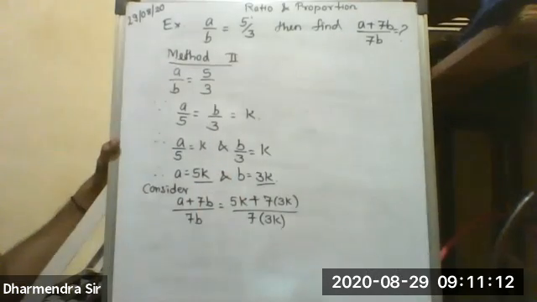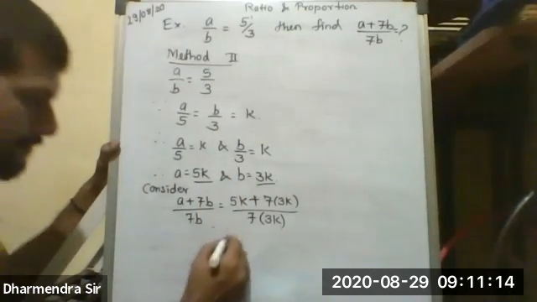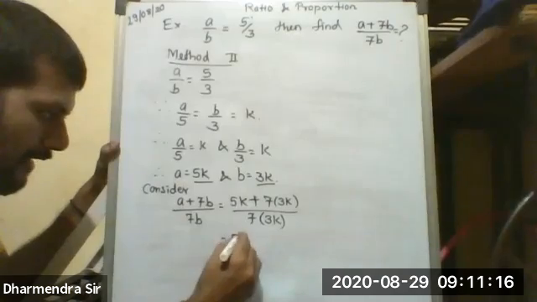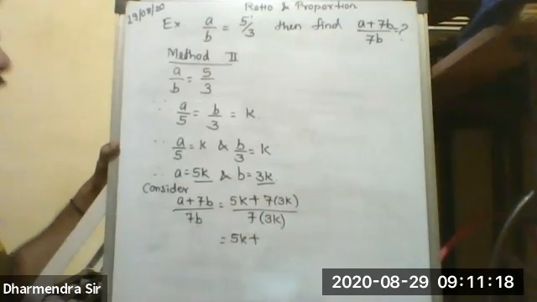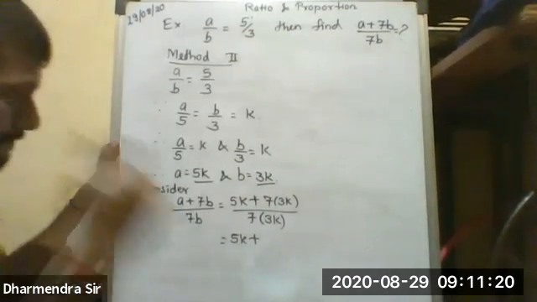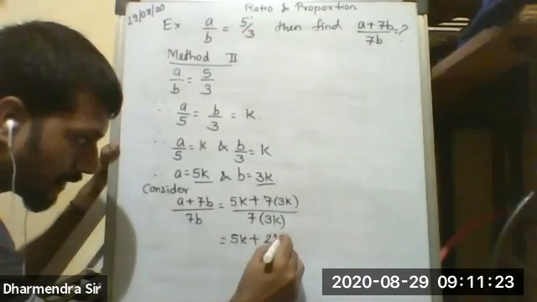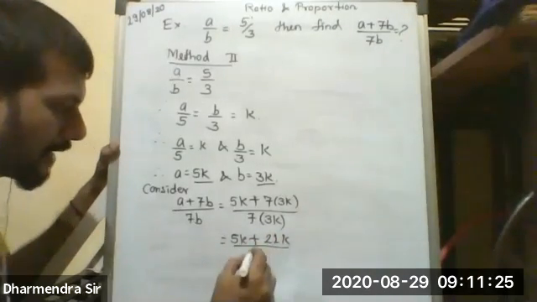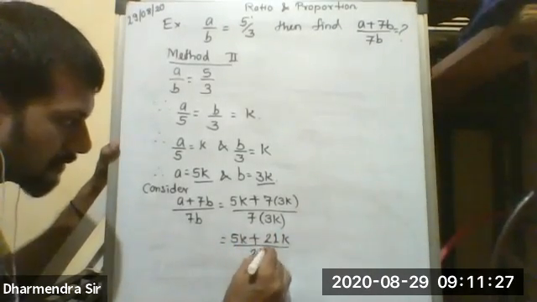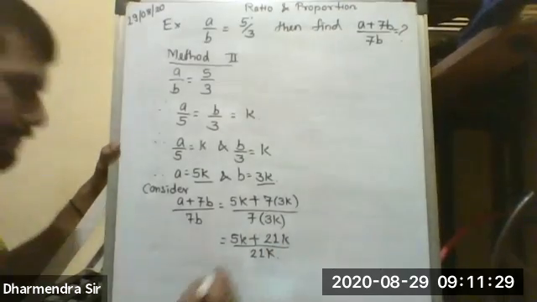Value of a 5k, value of b 3k. So 5k remains as it is. 7 3s are 21, 21k divided by again 7 3s are 21k.